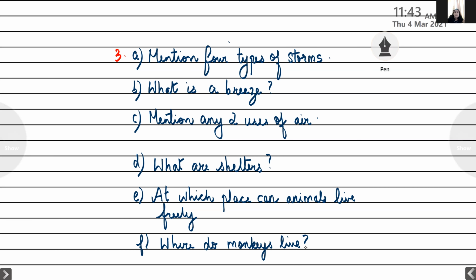Thunderstorm, dust storm, sandstorm, snowstorm. Yes. What is a breeze? Gentle or slow wind is called breeze. Okay.